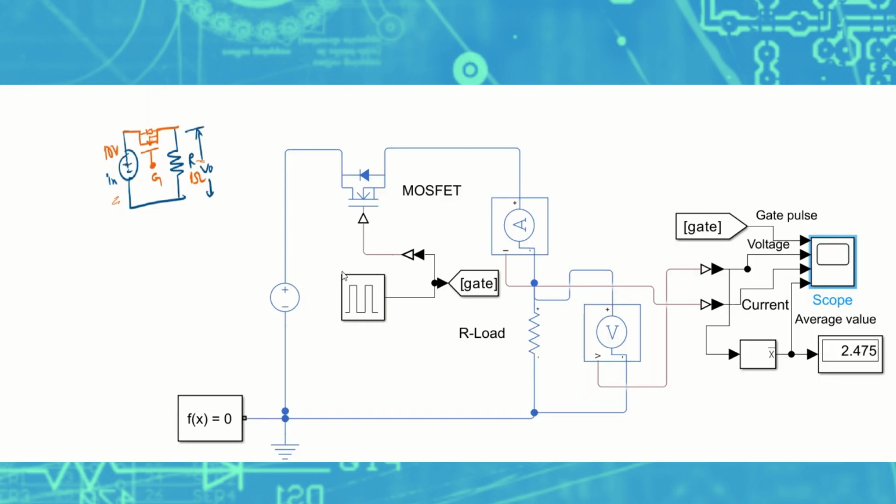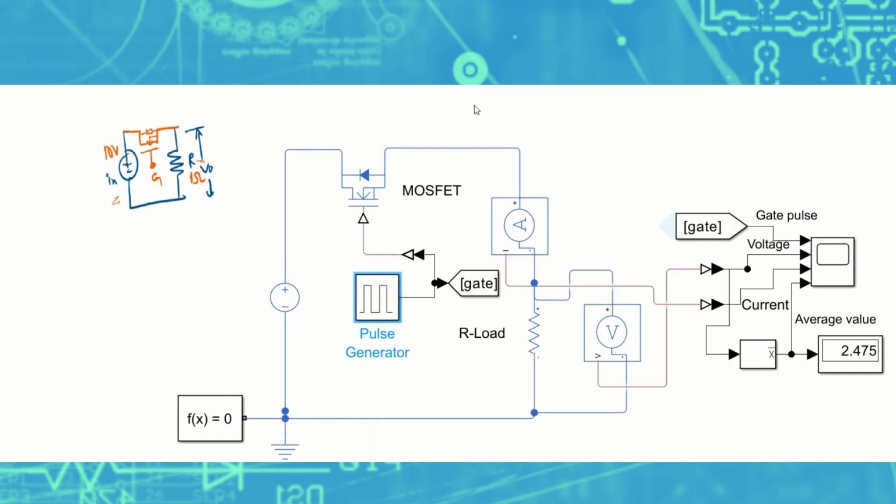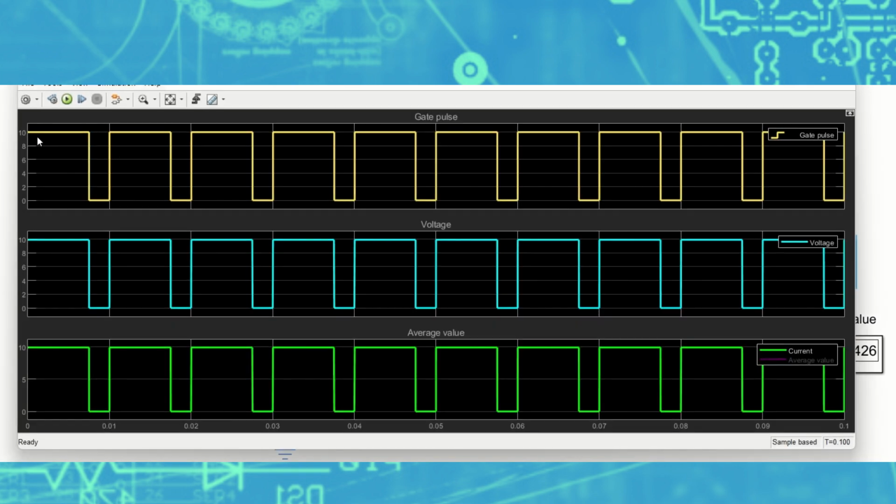Now I'll change the duty cycle to 75%. Again run the scope, see, 7.5 should be seen, it is close to that. Also you'll see the output waveform for that. See, now the signal is on for 75% of the time and off for 25%.